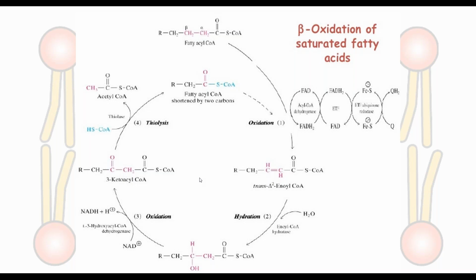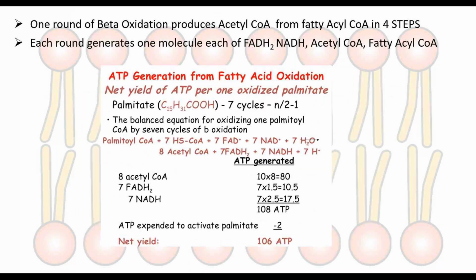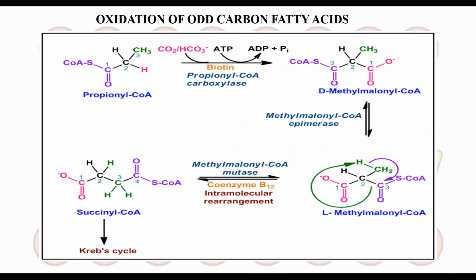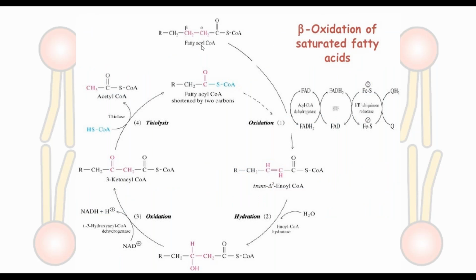Now, when you have a fatty acid which has an odd number of carbon atoms, like say for example 5, 7, 11, 9, that time also the same procedure is followed. That is, at every step the number of carbon atoms decreases by 2. Say for example, over here you have a fatty acid acyl CoA which has 9 carbon atoms in it.